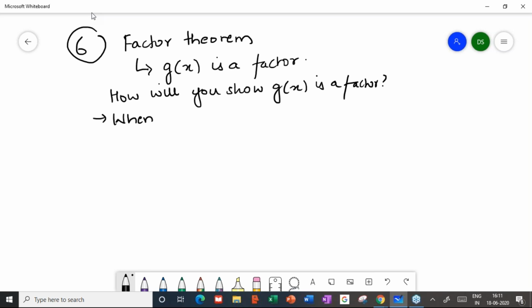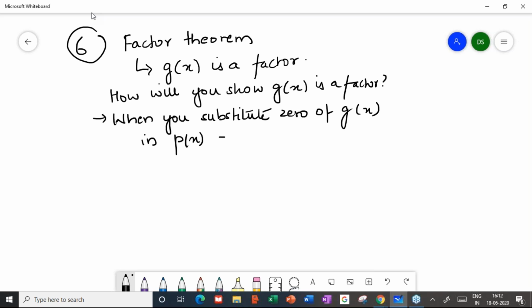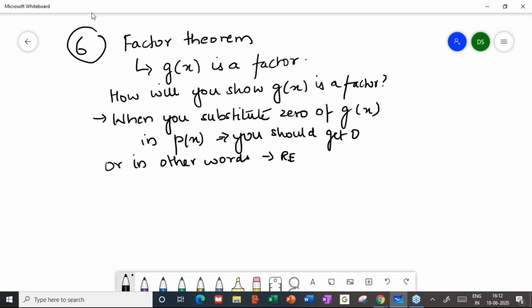When you substitute the zero of g of x in p of x, you should get 0, or in other words, the remainder should be 0, right?